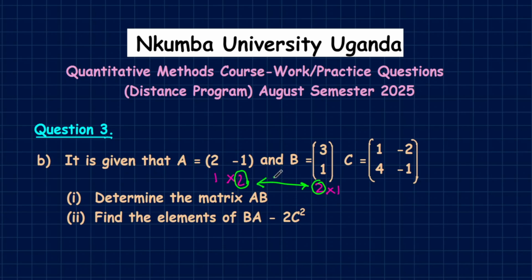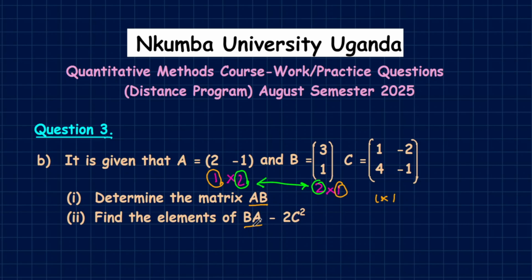Now the resultant matrix will have an order of 1 by 1. When you talk about by, we're talking about this x here, which is the multiplication sign. So that is the position, meaning we only get one element as a result for this multiplication of matrix A and B. You also need to take note that matrix BA is not the same as matrix AB. While multiplying matrix BA, the order will change. From our analysis here, the first one is going to be a 1 by 1 matrix.